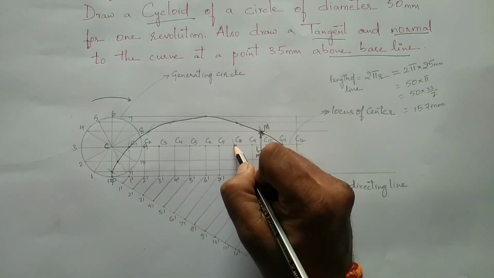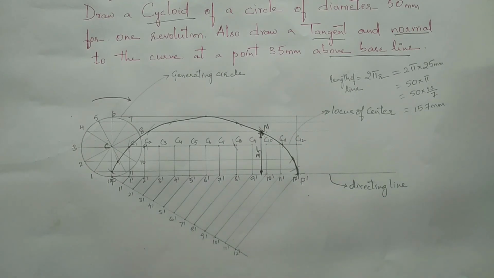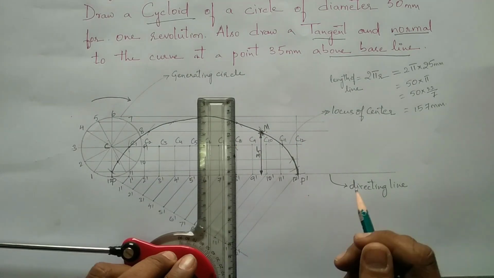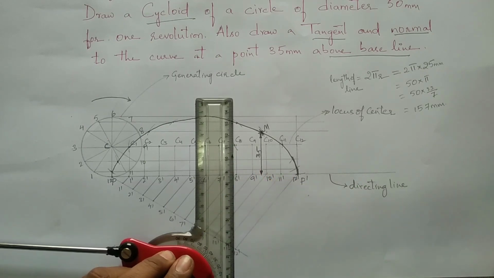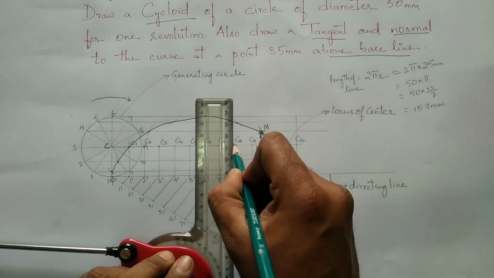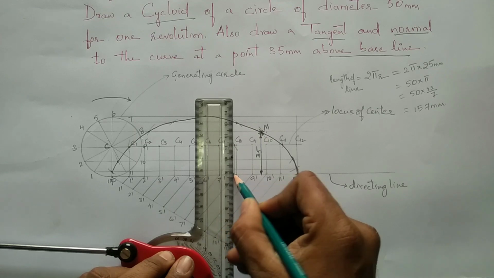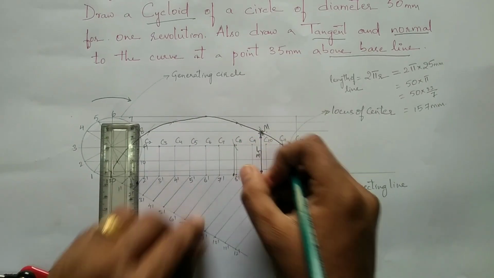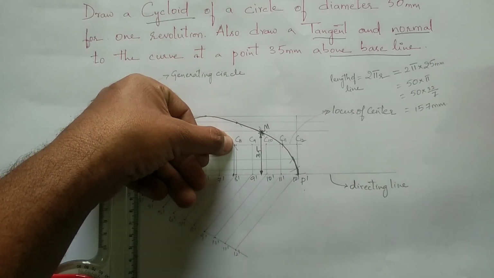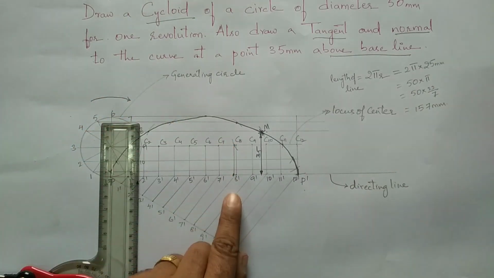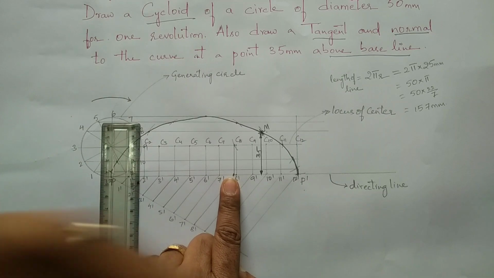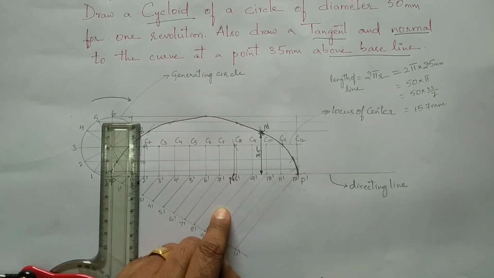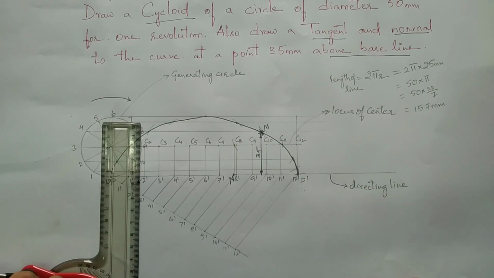From the arc, drop one vertical line and mark that point where it touches the baseline. From the arc, you are dropping one vertical line where it touches the baseline. Mark that point as N.